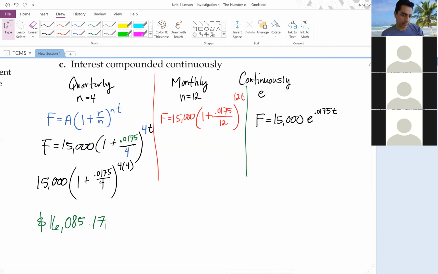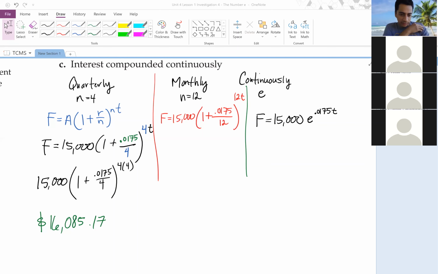Okay. All right. So now 15,000 times 1 plus 0.0175 divided by, this time by 12, to the 12 times 4, right? And there you see a slight difference, right? Same amount of money, same interest, different compounding times per year.